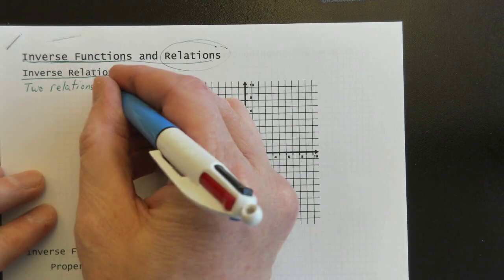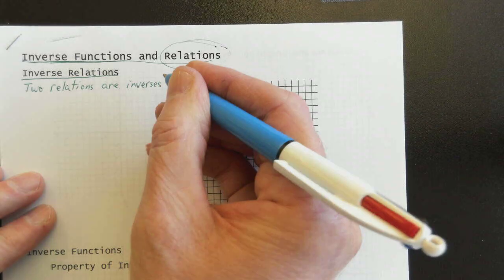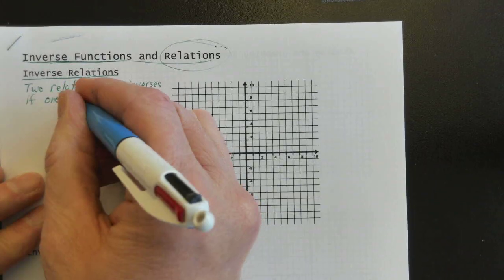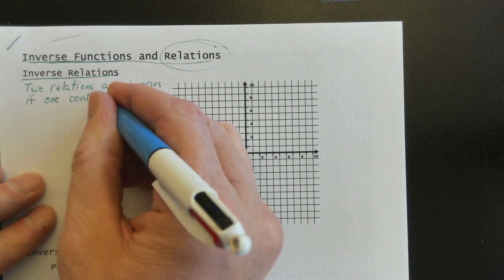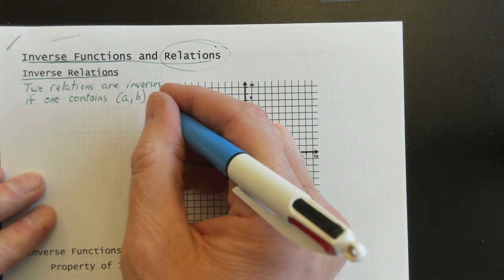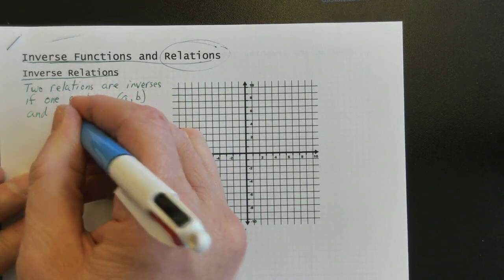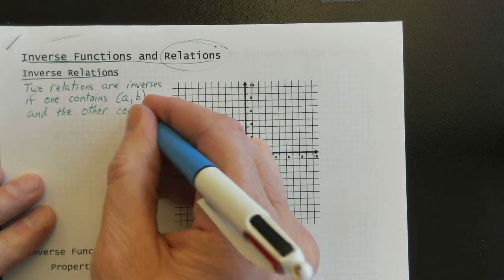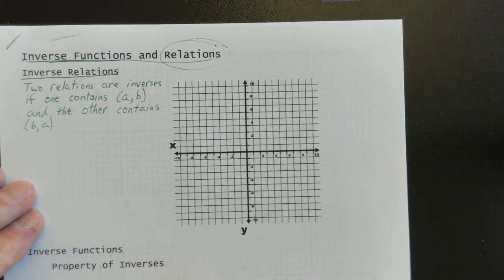Two relations are inverses if one relation contains this ordered pair, (a, b), and the other contains (b, a).